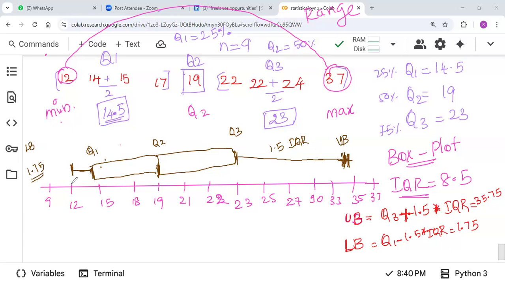Your starting value is 12, but we have a maximum value of 37 here, and the 37 will appear as an outlier, a small circle.